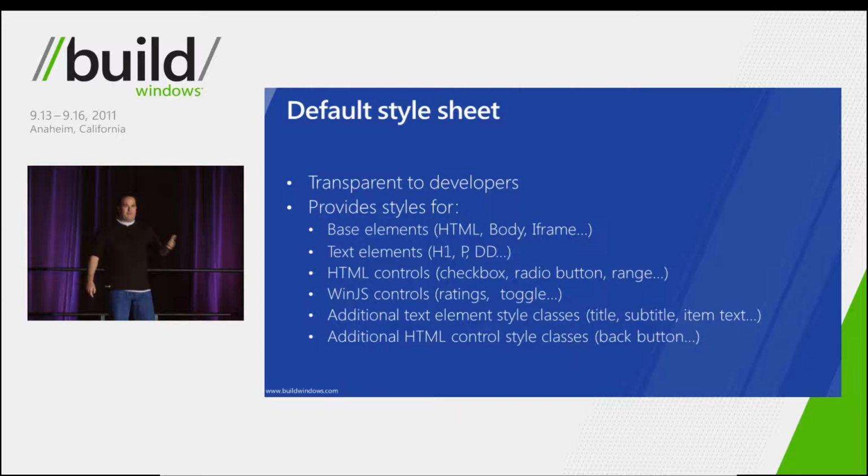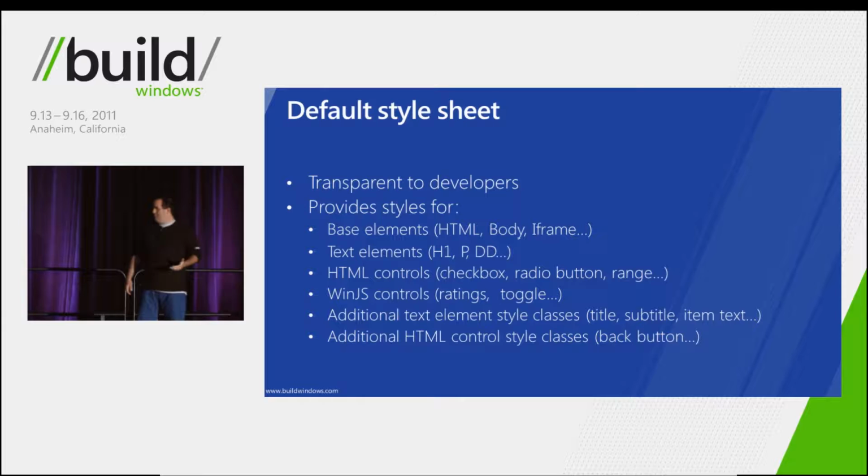The default style sheet provides styles for both of those types of controls. There's also some additional style classes that are built into the default style sheet that you can leverage very easily. For example, there's a text element style class. So you can take a piece of text and turn it into a title or a subtitle. And you can also take certain controls, such as, say, a regular button, and turn it into a back button.